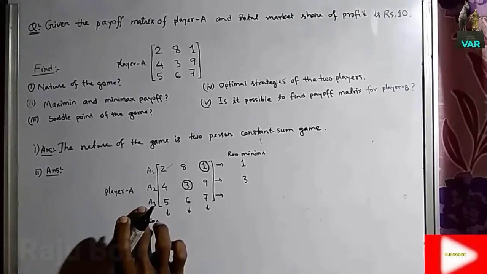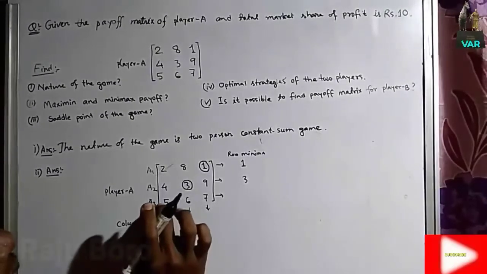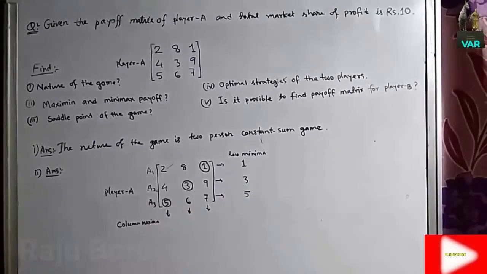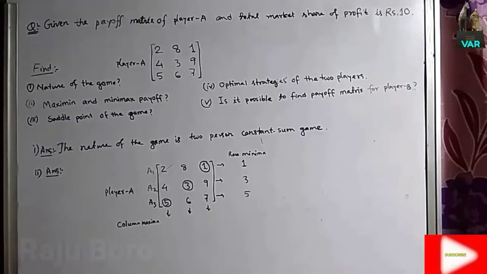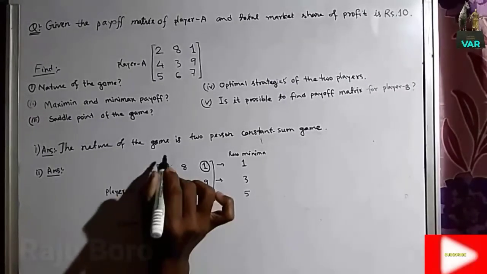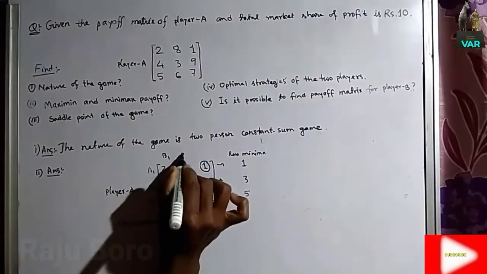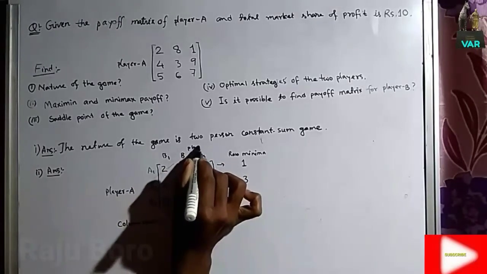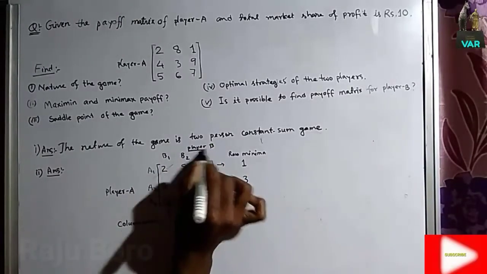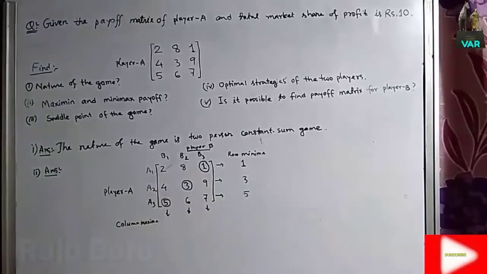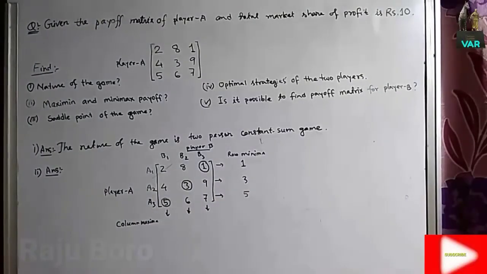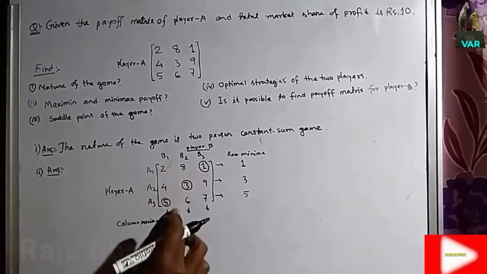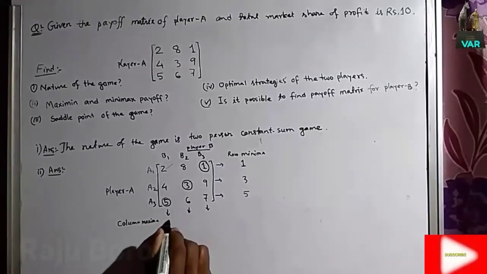Now the A3 strategy, and the minimum is 5. Now we have to find the column maxima. You can write B1, B2 and B3, since this is player B. Column-wise payoff is for player B. For the B1 strategy, the first column, the column maximum is 5.